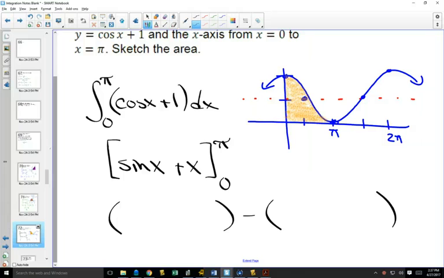FLIPEROO and it's just pi. Yeah, that's all you have to do. A little flipper, right? Plus pi sine of 0. Oops, easy.